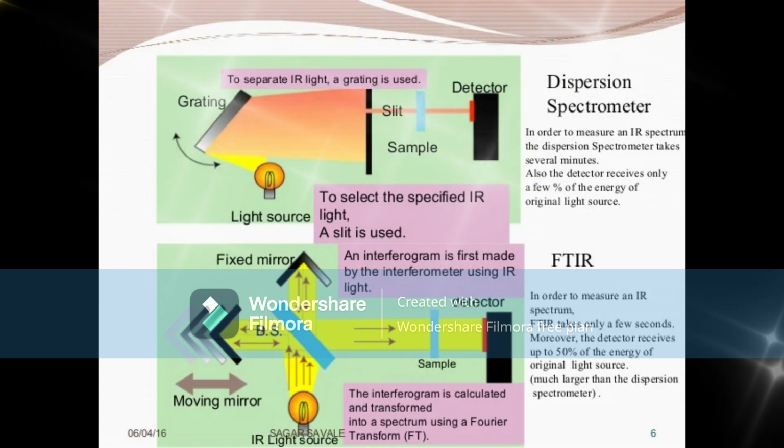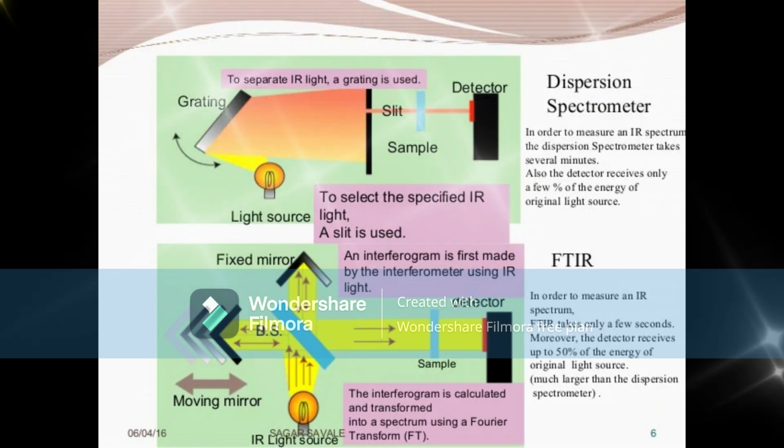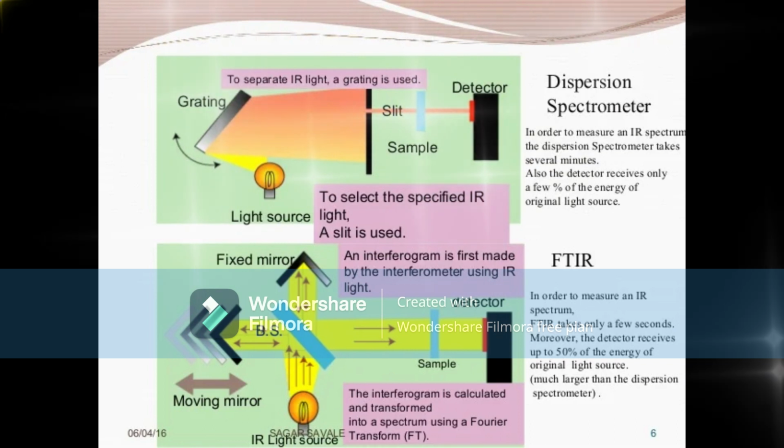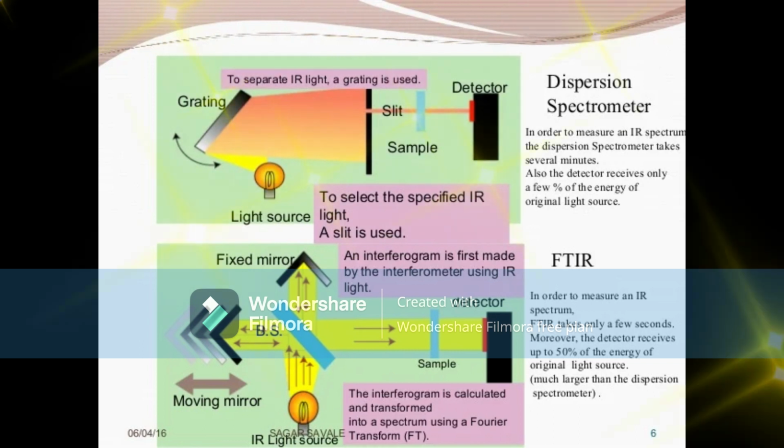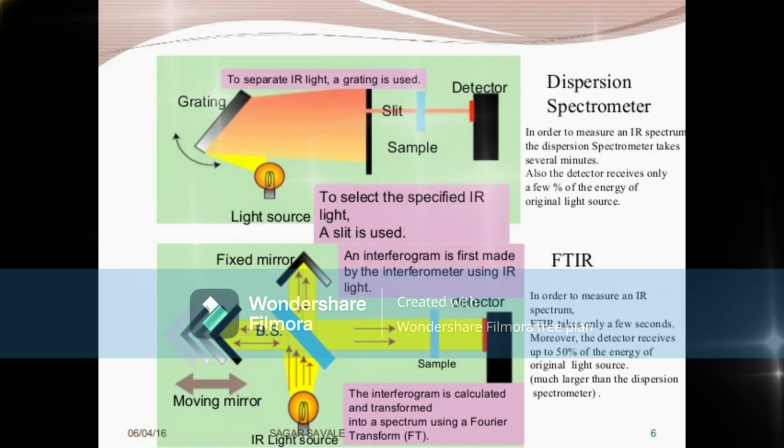Fourier transform infrared spectroscopy is preferred over dispersive or filtered methods of infrared spectral analysis for several reasons. It is a non-destructive technique. It provides a precise measurement method that requires no external calibration.